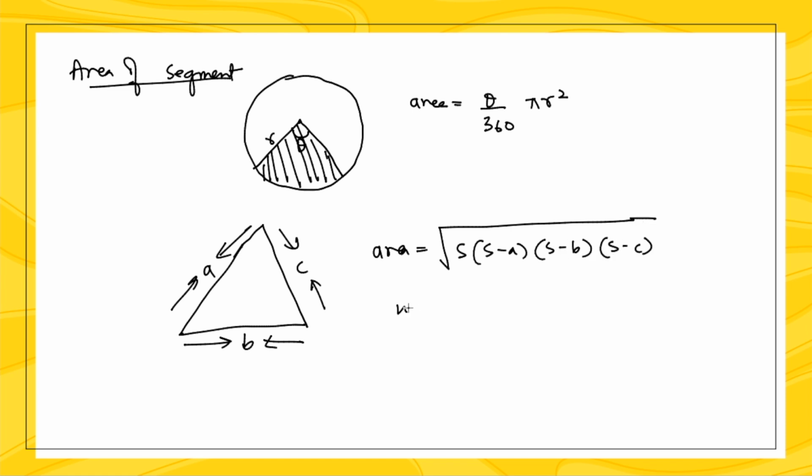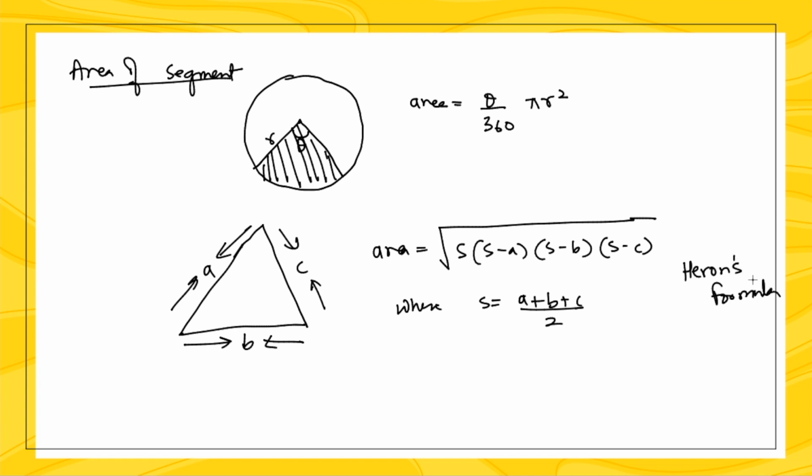Here s is the semi-perimeter, a plus b plus c upon 2, the sum of all the sides divided by 2. Once you find s, you can find the area using Heron's formula.